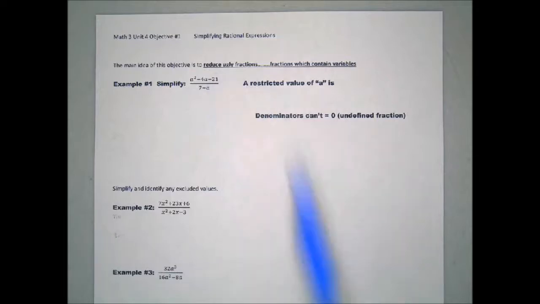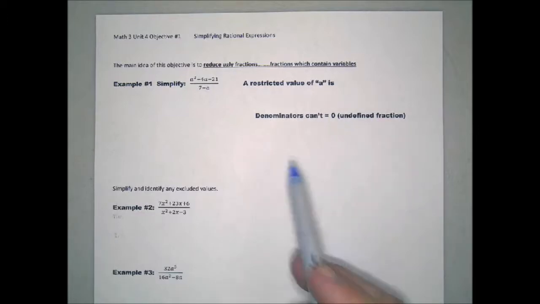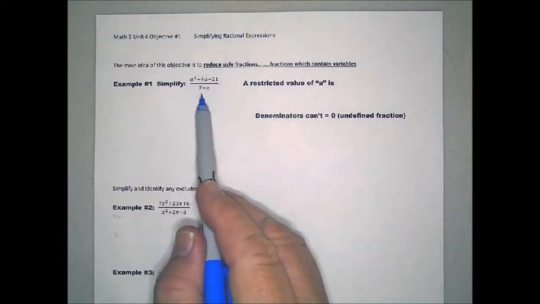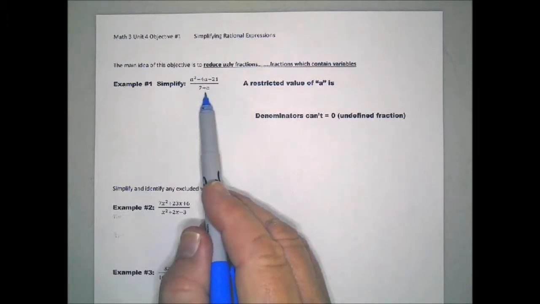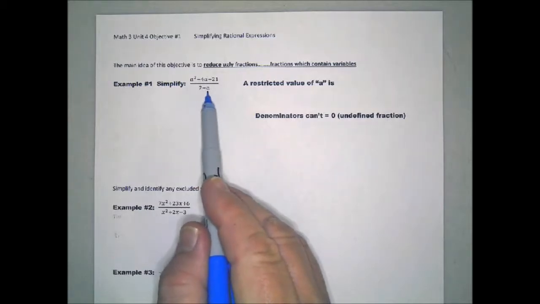Now, let's start with restricted values. A fraction cannot have 0 in the denominator, because if it does, it would be an undefined fraction. So, looking at this fraction, there is a way there could be 0 in the denominator, and that is if a had a value of 7, because 7 minus 7 is 0.